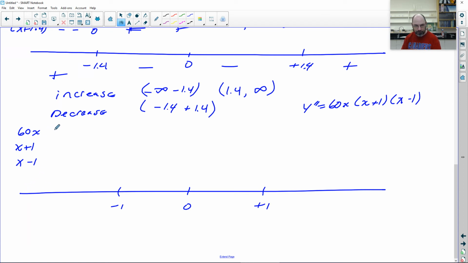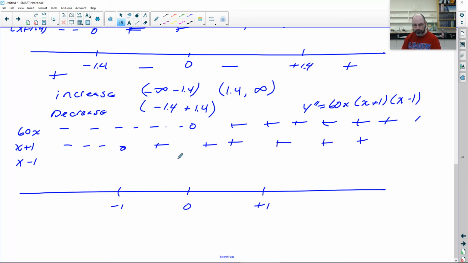And this 0, this is negative till 0 and positive after 0. This plus 1 is 0 right here, so it's negative below that and positive above that. And this one would be 0 right here, so it's positive above this, negative below that.